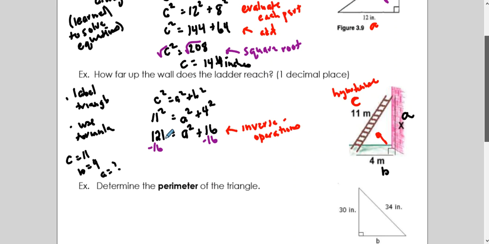So if I take 121 minus the 16, I've got 105. Then I'm going to do the square root. The square root of 105 is 10.2, so A equals 10.2.